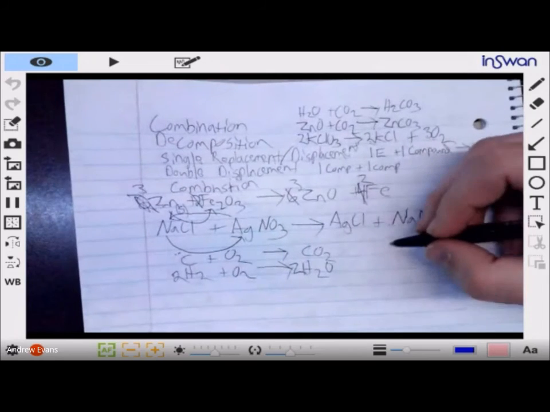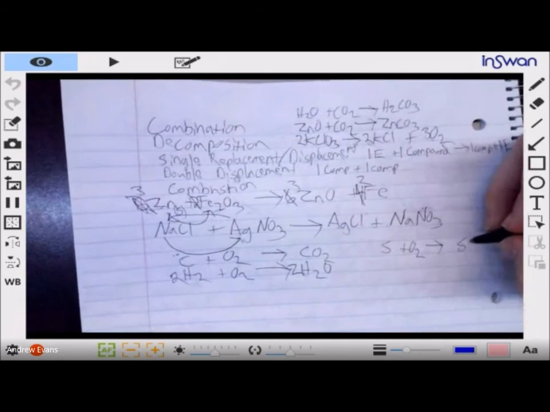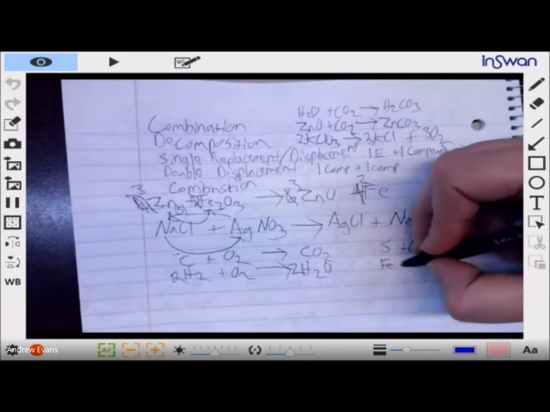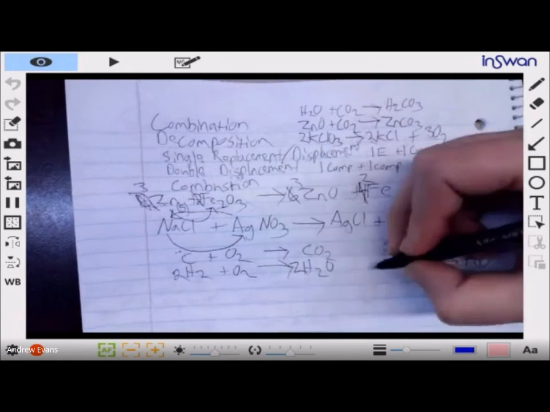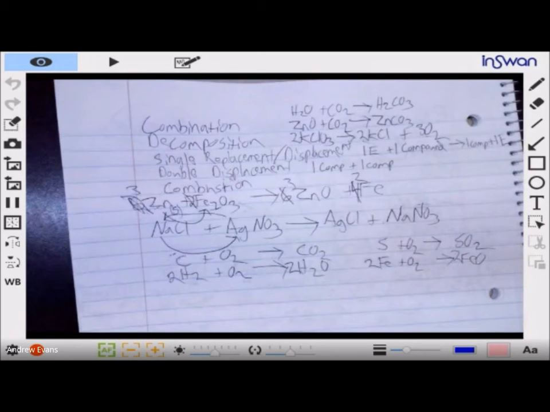You could do sulfur plus oxygen goes to sulfur dioxide. You could have iron plus oxygen goes to some sort of metal oxide. All these things are examples of combustion.